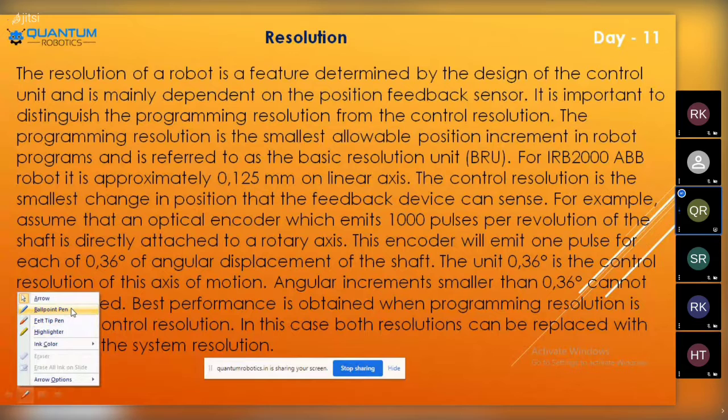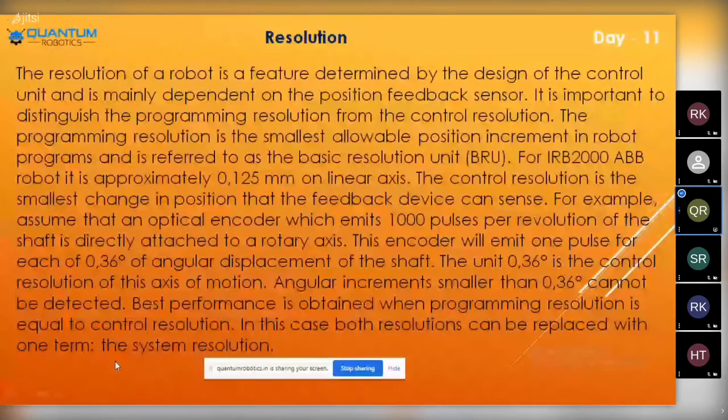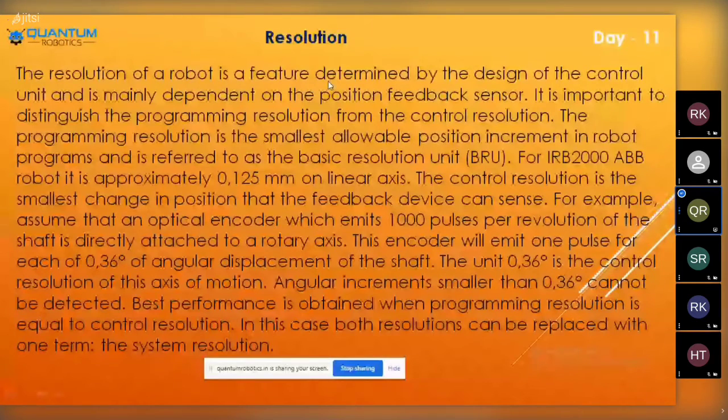The position feedback sensor means that whatever the position is at a particular area, it is going to be defined. This is the exact position.